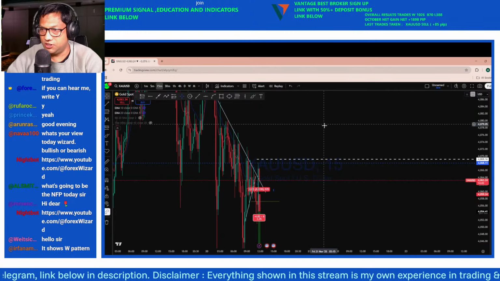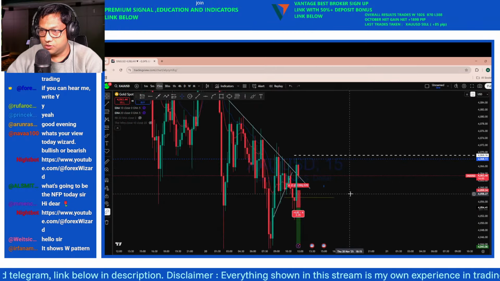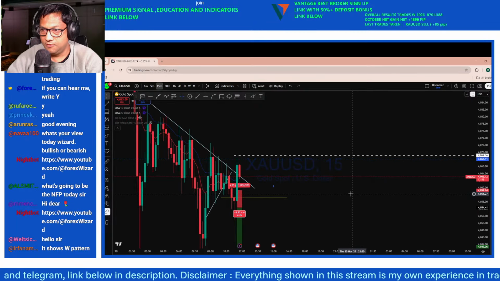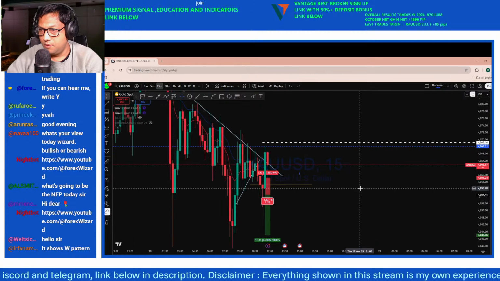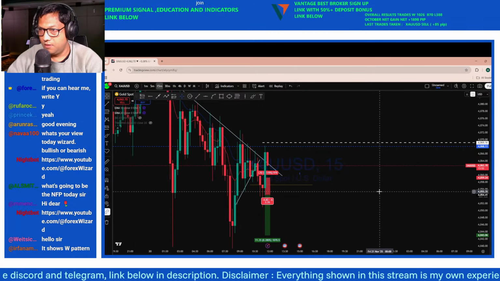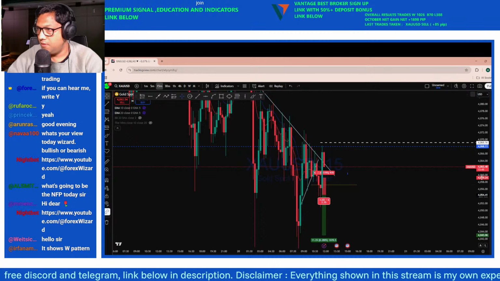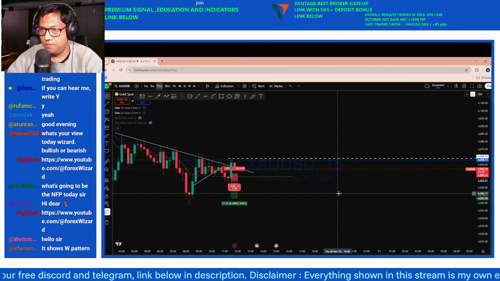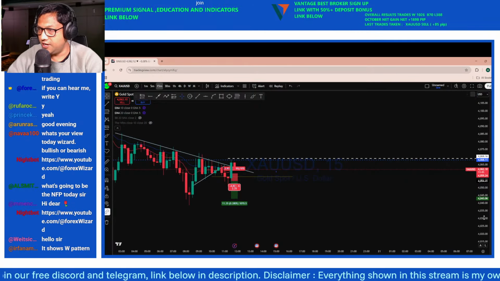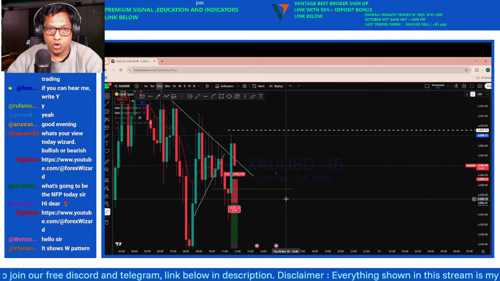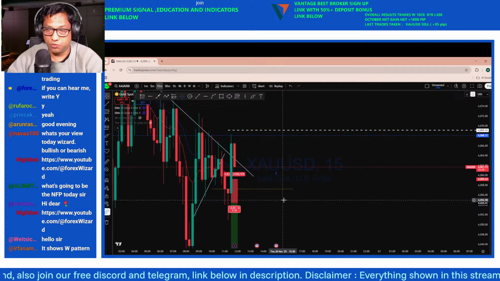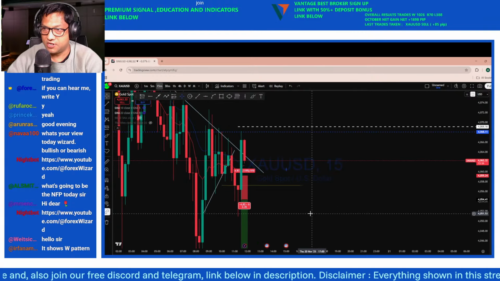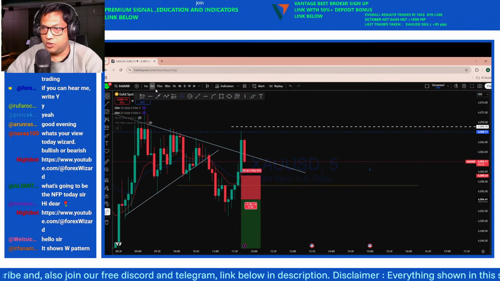Looking at the 15 minutes here, the pending order that you can see, we could see the market even entirely drop back below to this support level, which is possible, for the price to break entirely below that level.